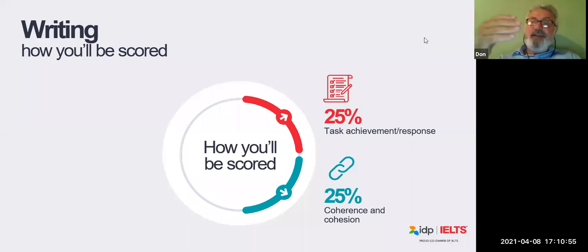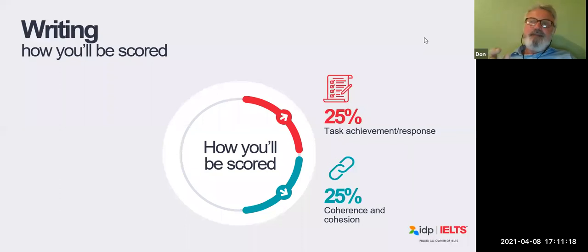Then you proceed to talk about one thing, which leads on to another thing. And finally, you conclude with some sort of general statement. This is coherence. It's about using paragraphs logically, maybe 4, maybe 5 paragraphs.